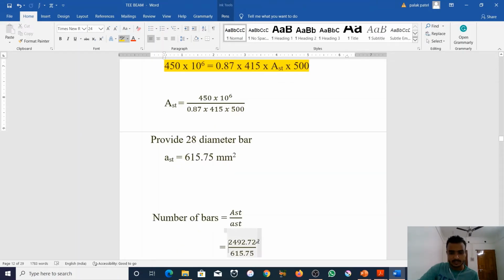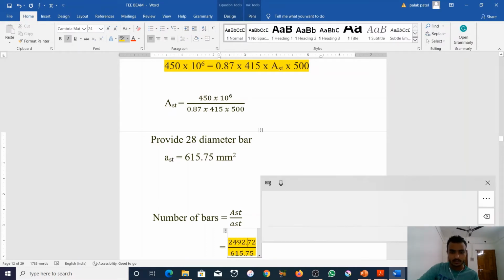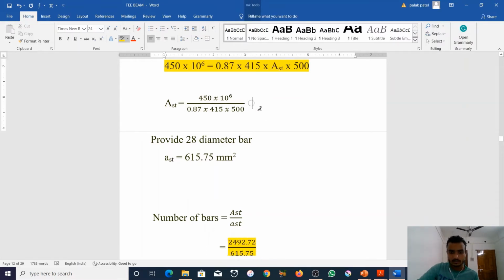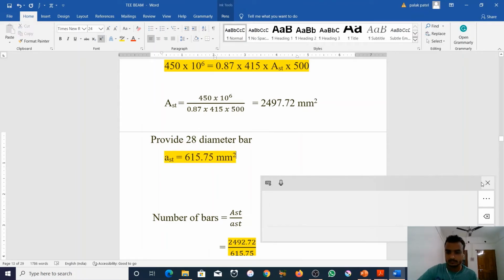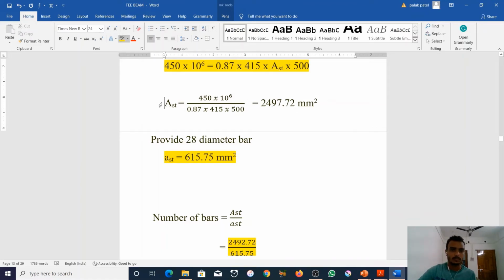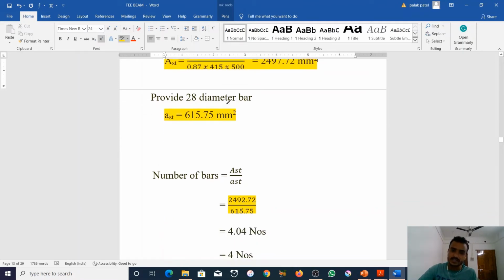Capital Ast is 2492.72 mm square. Now the small Ast: I assume a 28 diameter bar.